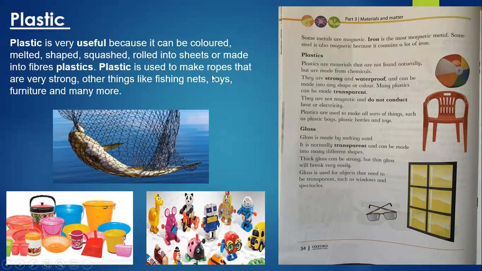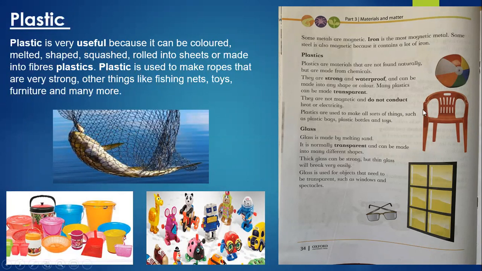Plastic is used to make ropes that are very strong. Other things like fishing nets are also made from plastic and are very strong. You are playing with toys, and most of them are made of plastic.